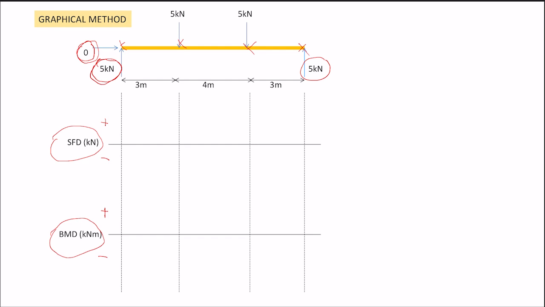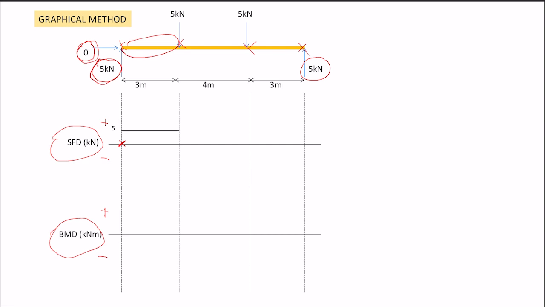Meaning when it goes up, however you draw, you will start with 0. It goes up 5 kilonewton, so 0 plus 5. Going up positive, it becomes 5. Then you look here, there is no load along the 3 meter length of the beam. When there is no load, it will go straight.